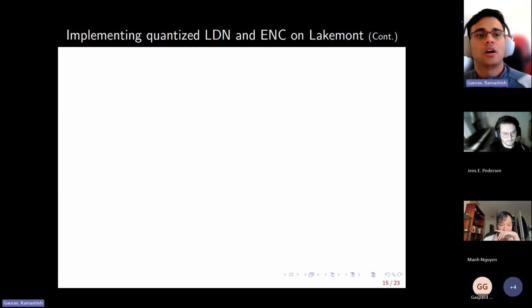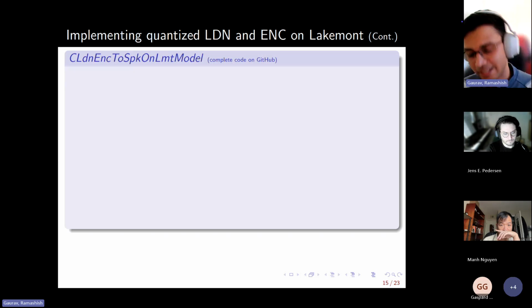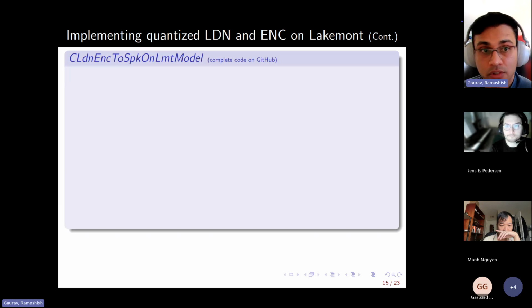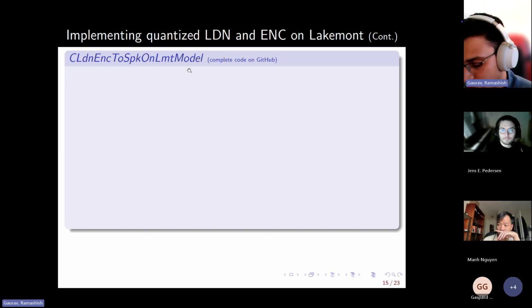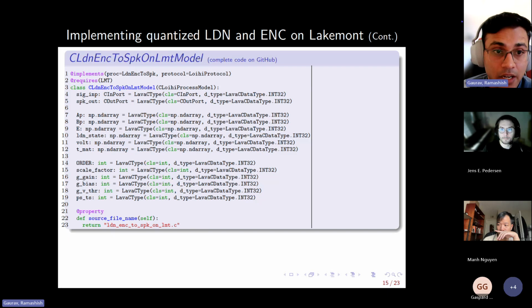Now let's talk about its C Loihi process model. A small reminder: there are 2 different process models that I have used in my code, one for CPU and one for Lakemont cores. Since we are talking about programming the Lakemont cores, I'm just talking about the C LDN encoding to spike on LMT model, which is a C Loihi process model to implement the LDN encoding to spike process on the Lakemont cores.